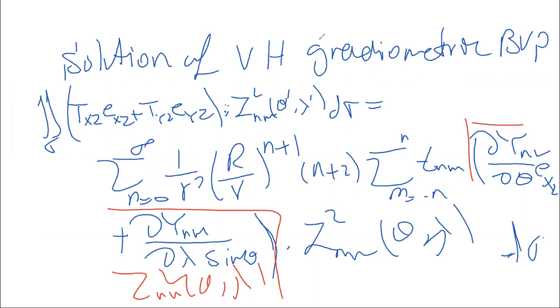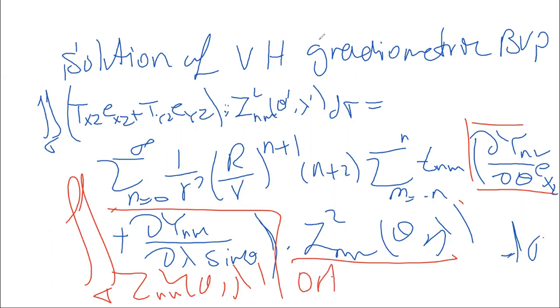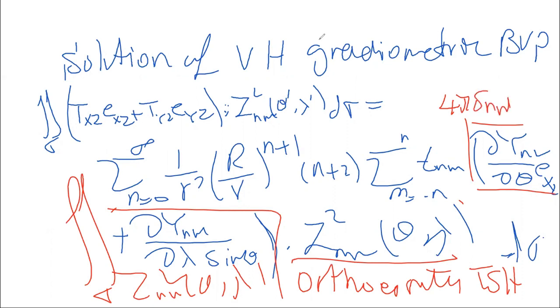And by this integral that I take from both sides, I will see that this is orthogonality, which gives 4π δ_nn′ δ_mm′ multiplied by n plus 1.